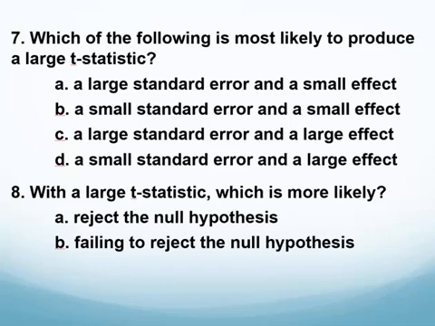Again, we don't have a value to compare it to, but generally speaking, if you have a very large t-statistic, typically anything beyond 3, you're more likely to reject the null, because a t-statistic of 3 or greater is at least 3 standard deviations above the mean. So the larger the t-statistic, the more likely you are to reject the null hypothesis.